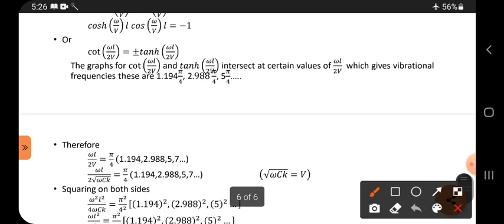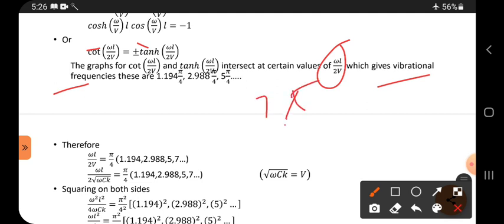And the graph, if you draw the graph between these two things, the graph for cot of omega L by 2v and tanh of omega L by 2v intersect at certain values, which give the vibrational frequencies. What are those? 1.194 pi by 4, 2.988 pi by 4, 5 pi by 4, 7 pi by 4, 9 pi by 4, like this we get.